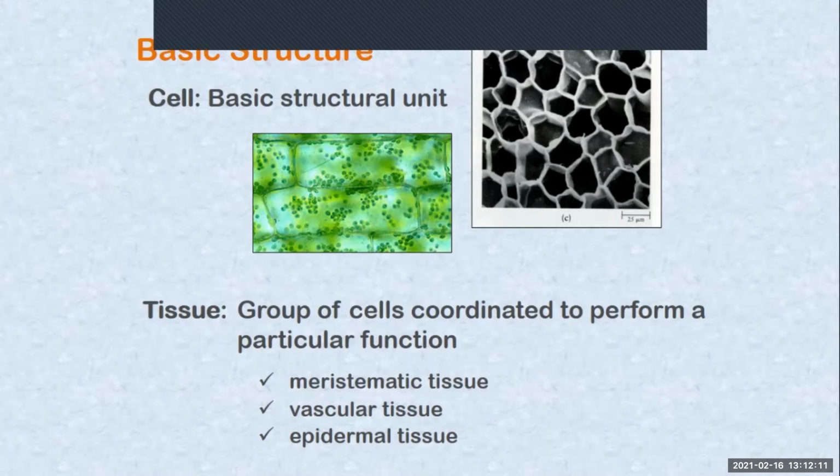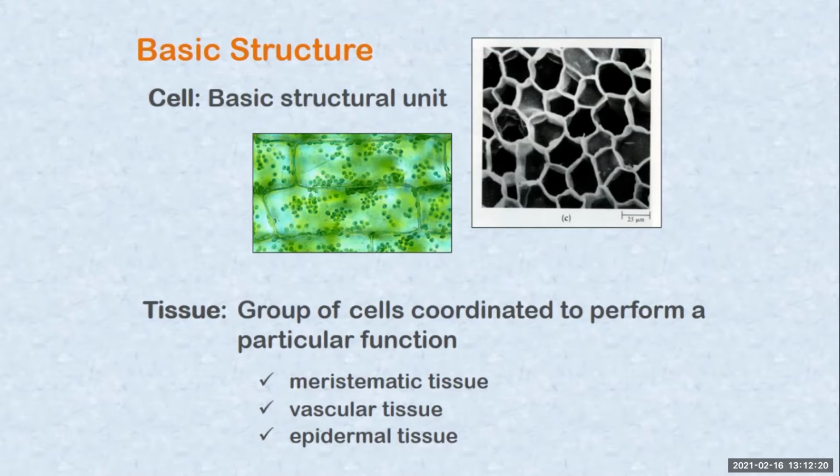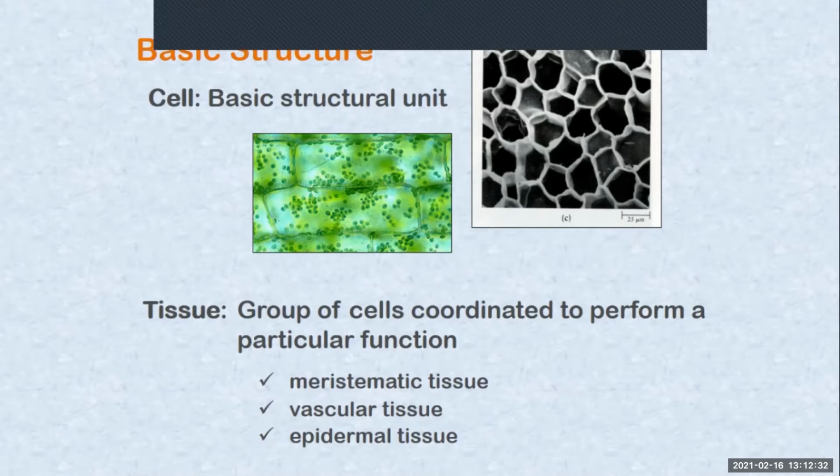Epidermal means it is an exterior type tissue. Epi means above, dermal means basically tissue or layer. So it is an external material on top of the rest of the tissues below.